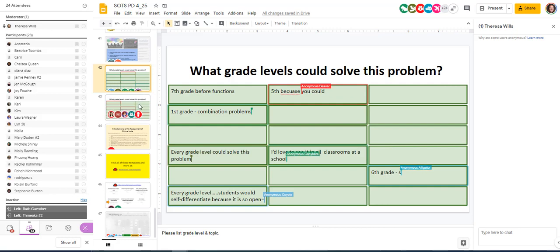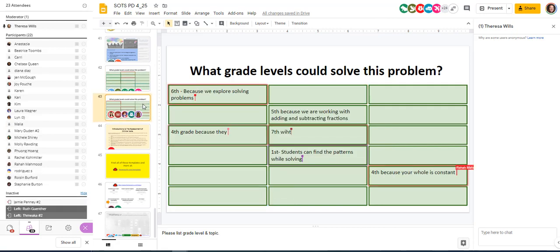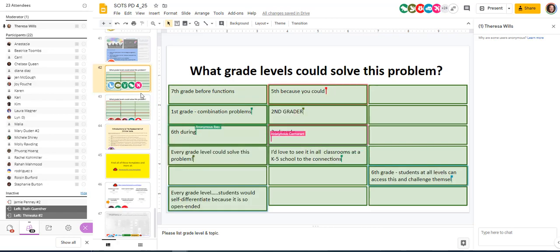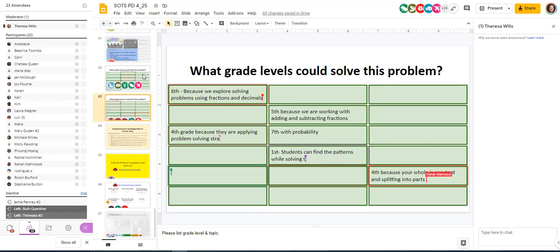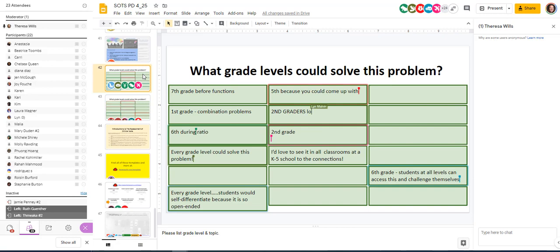I'm seeing first, second, fifth, sixth, seventh. And indeed, I am hoping that you find a way to adapt this for your students so you have a lesson for next week.